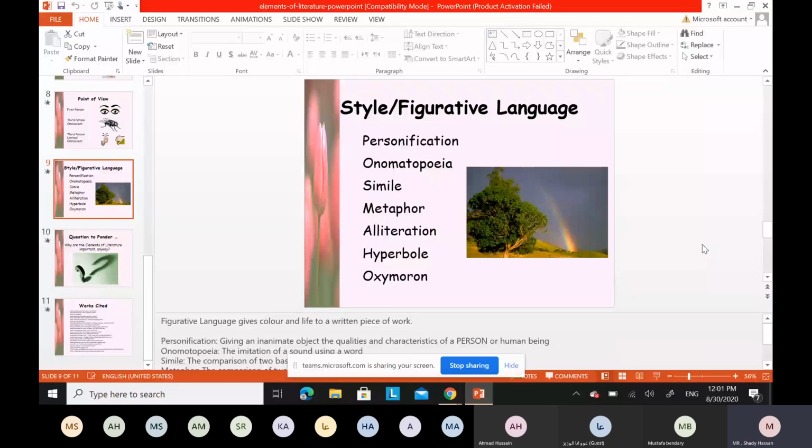So that's why these are qualities of human beings. I'm giving these qualities to a non-living being, which means this is personification. When I'm giving some qualities of a person to a non-living element or thing, this is personification.